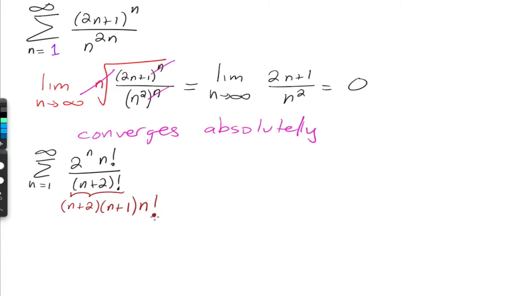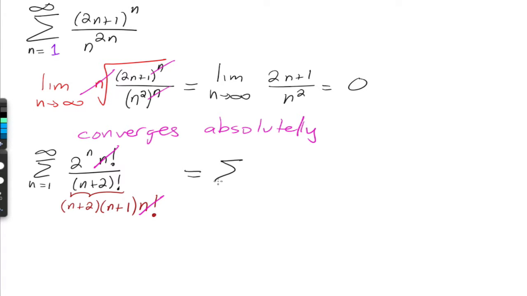So anytime you have factorials in the numerator and the denominator, if they can meet somewhere, then you can write out the beginning part, until you get to, in this case, n. So then this one is going to cancel out with that one on top, right? Does that make sense?